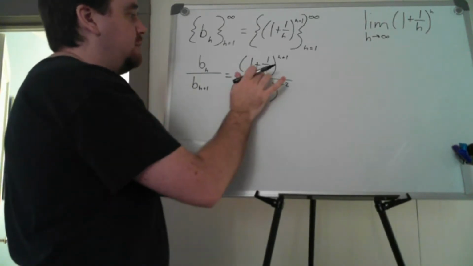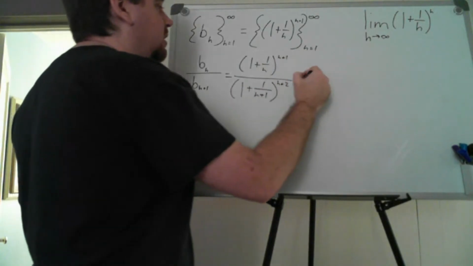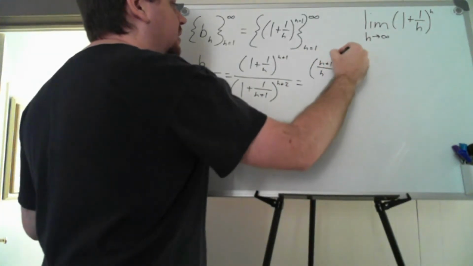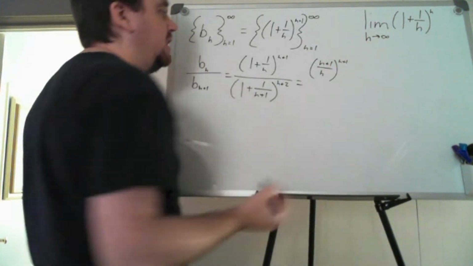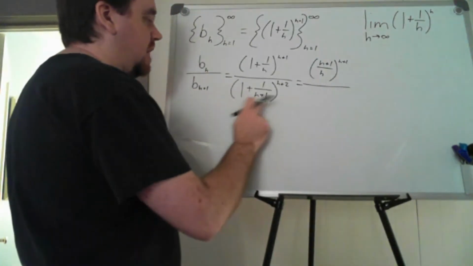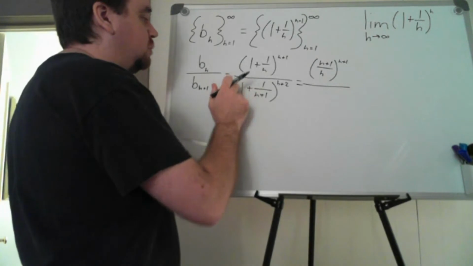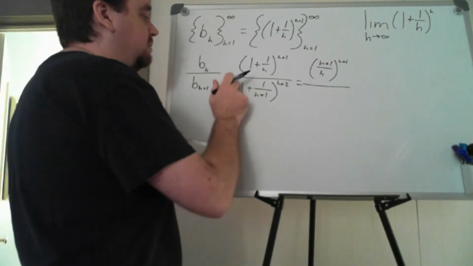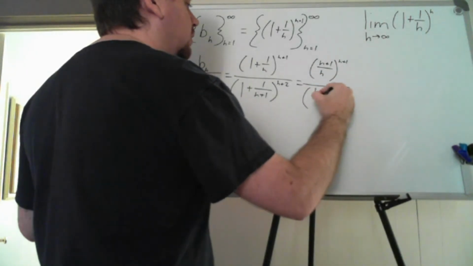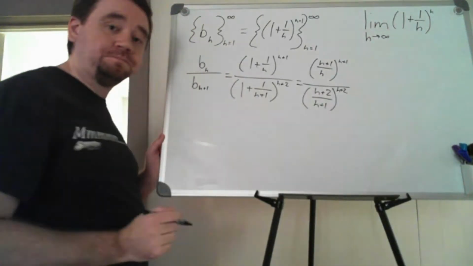So common denominator of h, that means this is h over h. So in my numerator, I have h plus 1 over my common denominator h, still to the power of h plus 1. And in my denominator, I have common denominator of h plus 1. And so I think h plus 1 over h plus 1. So I've got h plus 1 plus 1 in the numerator. This is h plus 2 over h plus 1, all to the power of h plus 2.